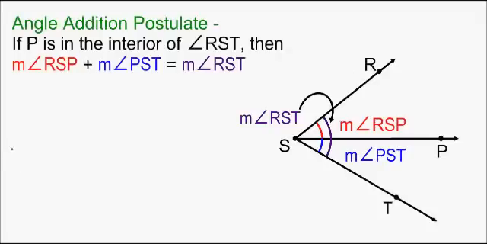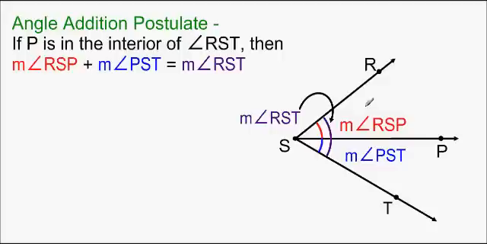Okay, the angle addition postulate says that if you have a large angle, such as angle RST, that is made up of two smaller angles, such as angle RSP and angle PST, you can find the measure of the big angle by adding these two little ones together.